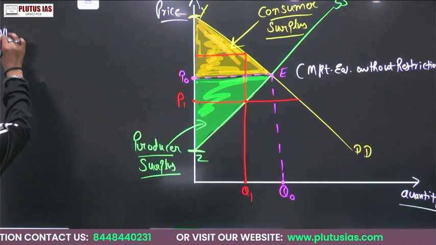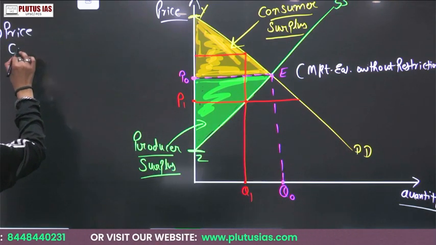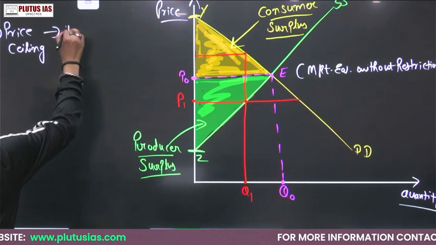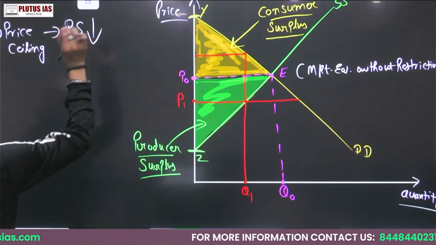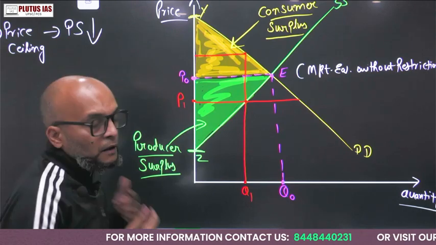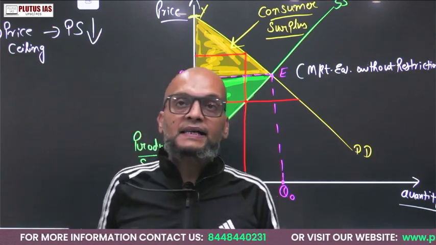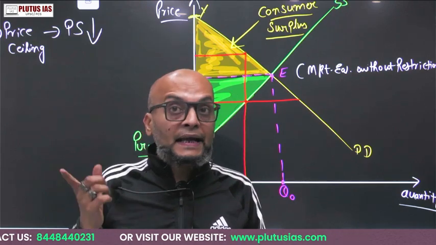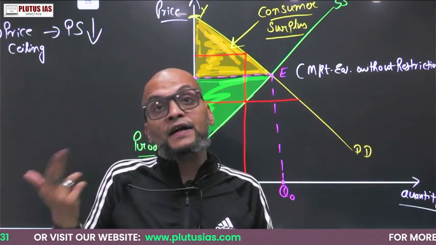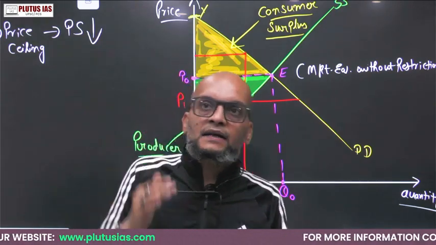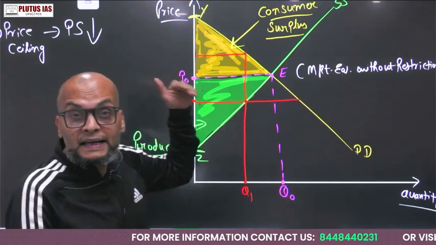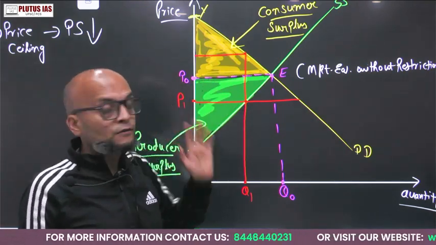So due to price ceiling, I am writing producer surplus as PS. PS will decline. And sir, what about consumer surplus? See, consumer surplus after price ceiling can increase or decrease. How? See, it's very obvious that consumer surplus will increase if price ceiling is done. Why?